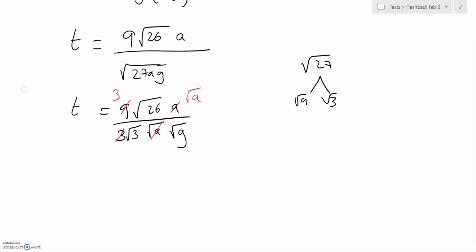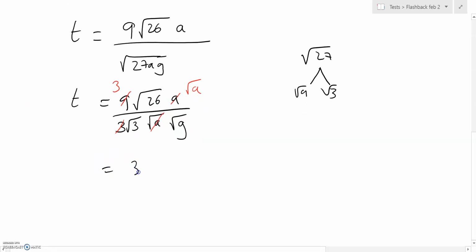So let's just rewrite that now. We get 3 root 26 root a divided by root 3 root g.